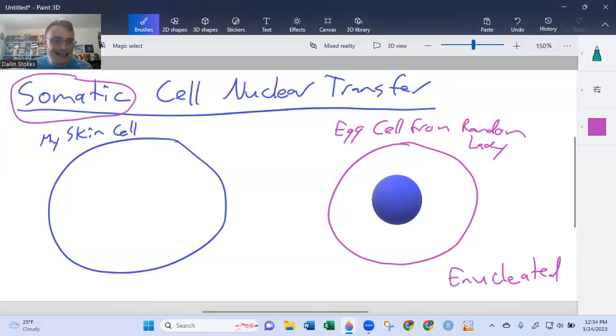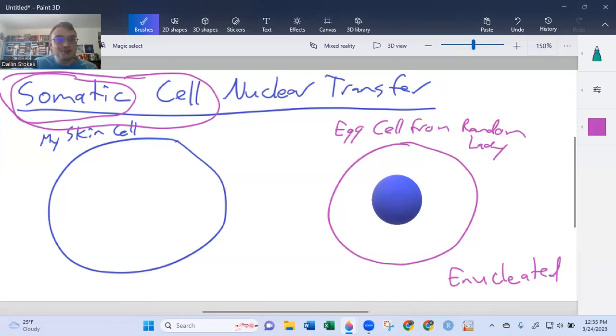A somatic cell, let's circle somatic cell here. A somatic cell is any cell that is not a sperm or an egg cell. So it's any cell that cannot grow into a baby. It's not reproductively viable. An example of a somatic cell would be a skin cell, or a liver cell, or a lung cell, or a nerve cell, or a heart cell, or muscle cell.